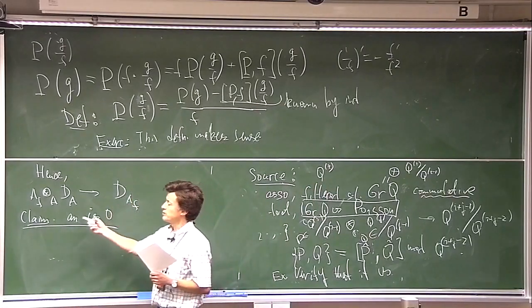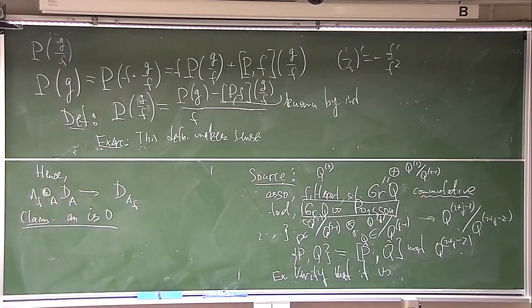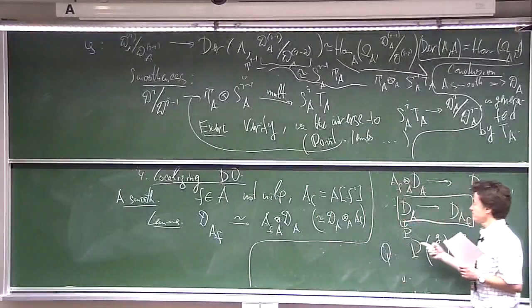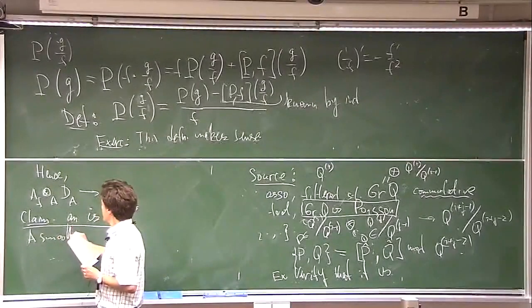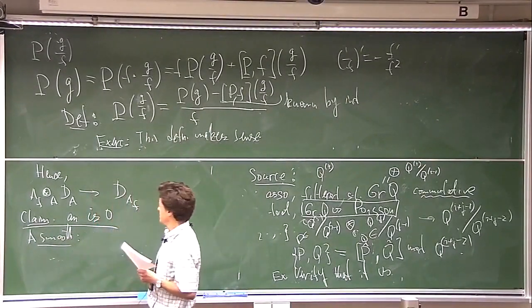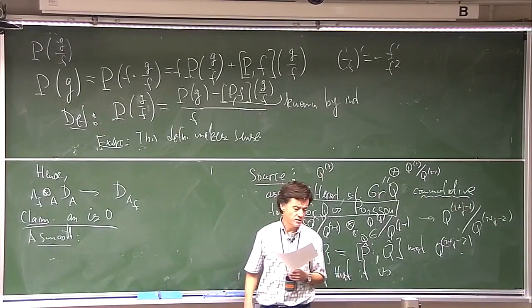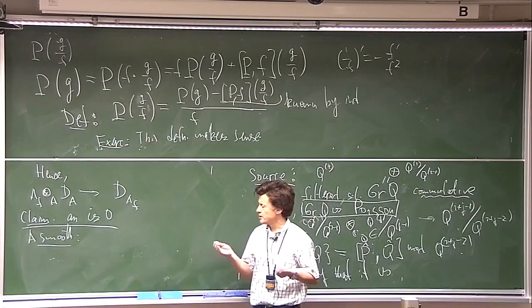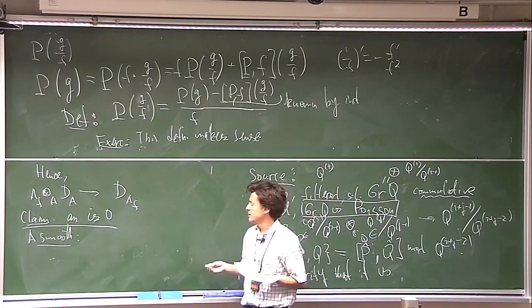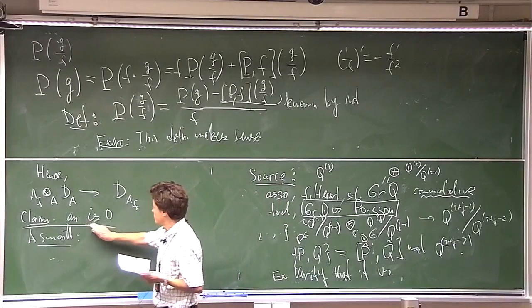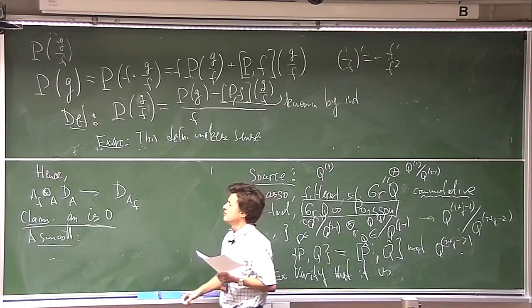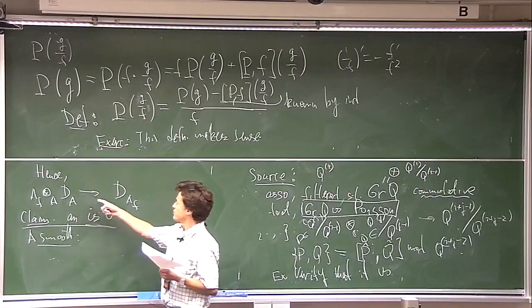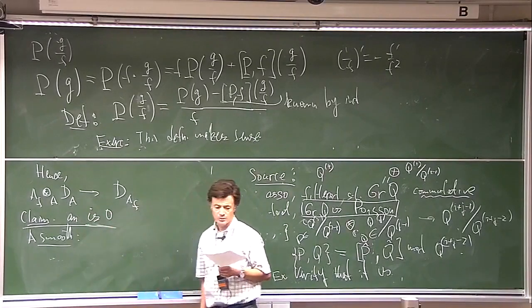The easiest way to see it is, up to this point I haven't used this. But at this point, let me use the fact that A is smooth. A smooth means that it is enough to consider a thing quickly reduced to vector fields. I leave for you to figure out all the details. I'll show you the completion of the proof in the case of differential operators of order 1.